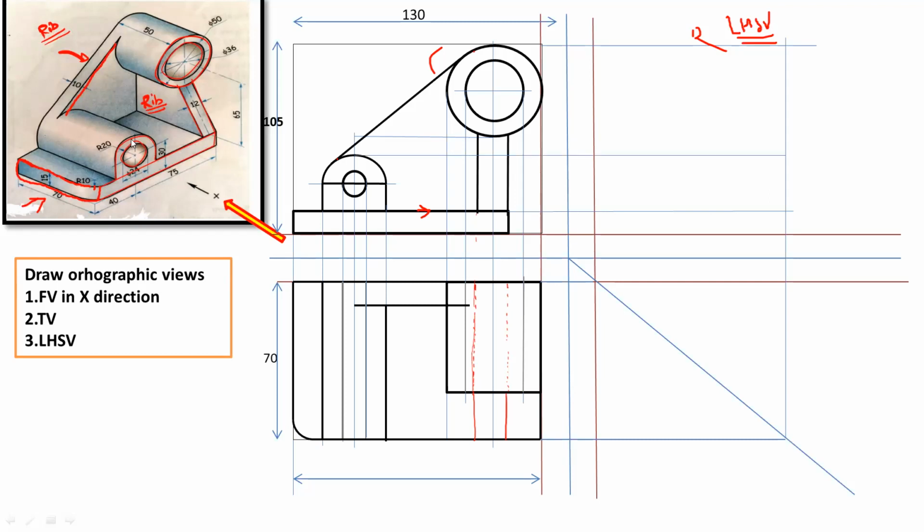Then for this cylindrical part, again, you will observe one rectangle. So like this. Okay. So for that, you can take the projection from this point. That is a point on this semicircle. Now you can complete this rectangle. So this rectangle has the dimension 70 and height is 15 mm. Okay.